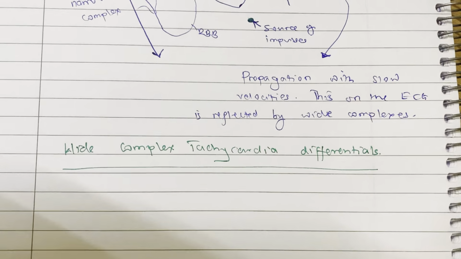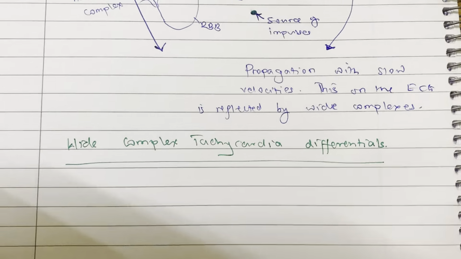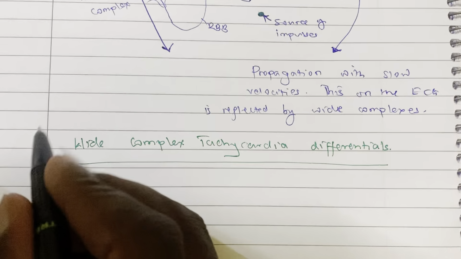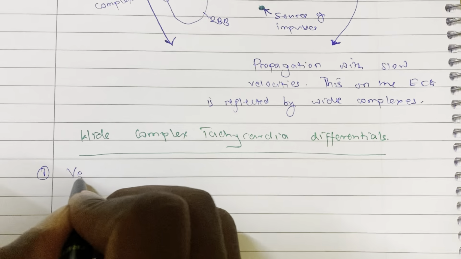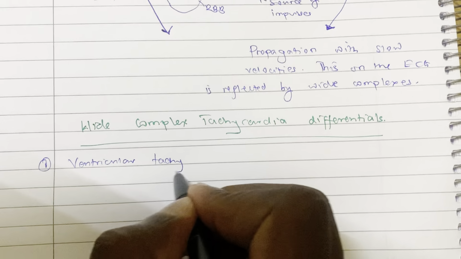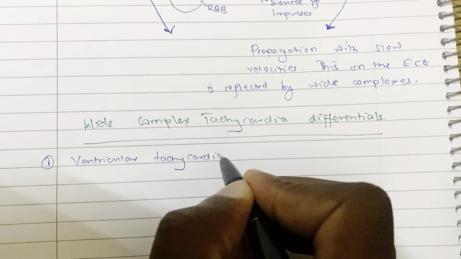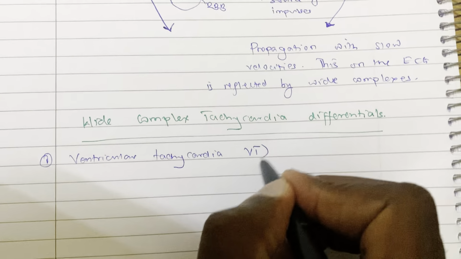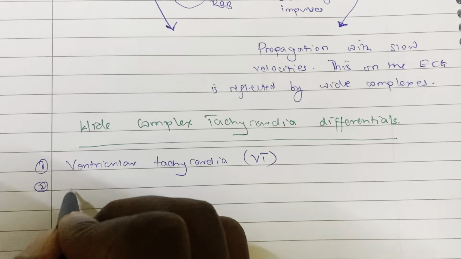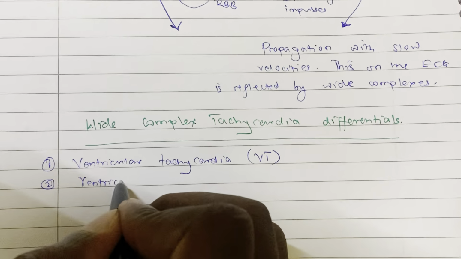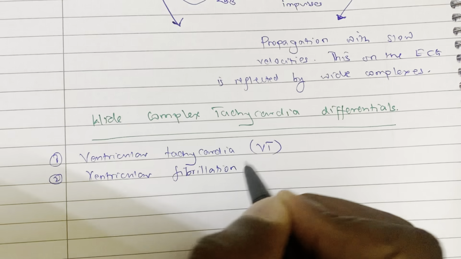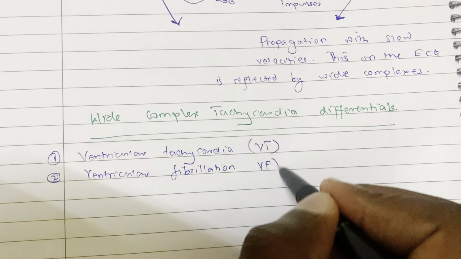What are the possibilities, or what are the possible diagnoses with the wide complex tachycardias on the ECG? One, it is ventricular tachycardia, that is VT. Two, ventricular fibrillation, this one is VF.